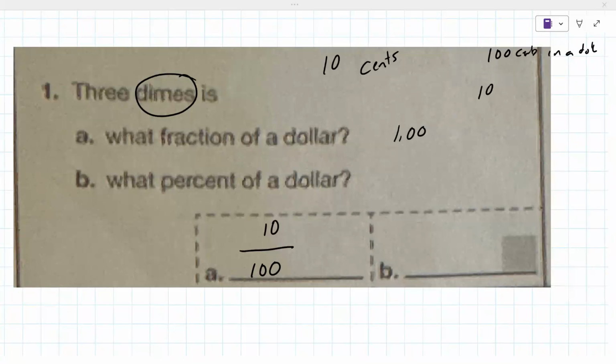Okay. Now, do you remember how to reduce that? No. Okay. To reduce that, you have to divide the top and bottom number by the same number. So what number goes into both the top and the bottom?